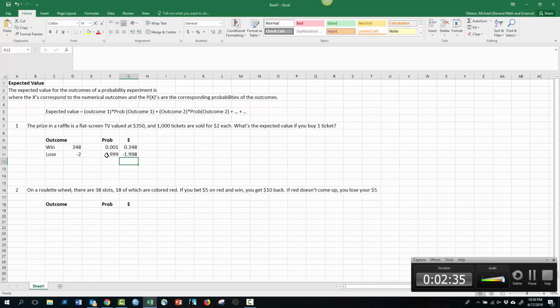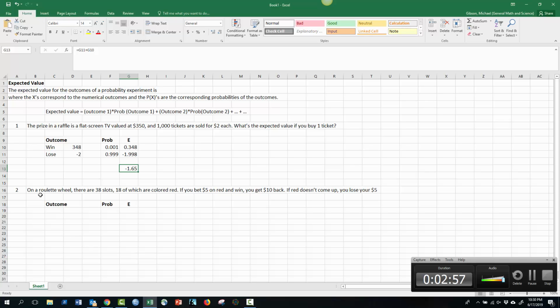Okay, and then for the overall expected value, we're just going to add those together. That's -$1.65. So the cost of a ticket is $2, and on average, you lose $1.65 of that. If you do it a bunch of times, on average, you expect to lose $1.65.